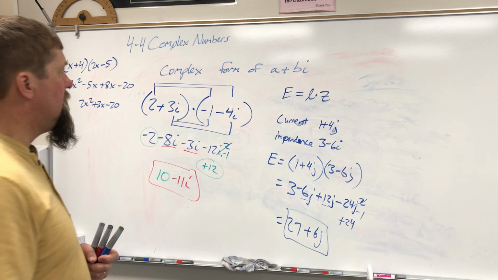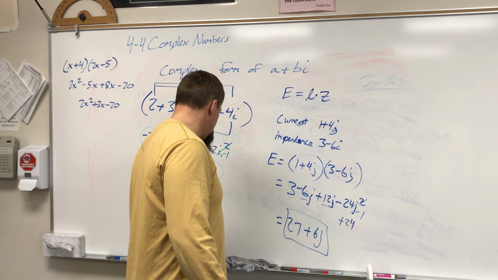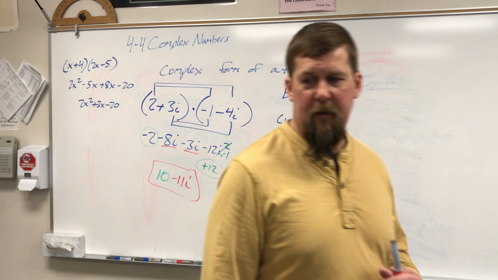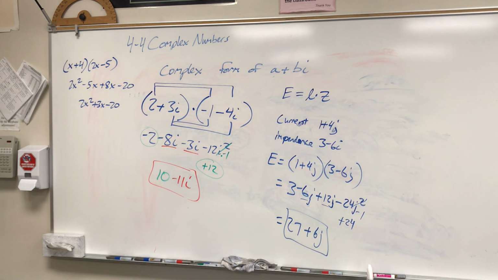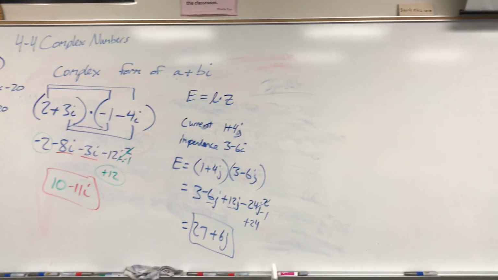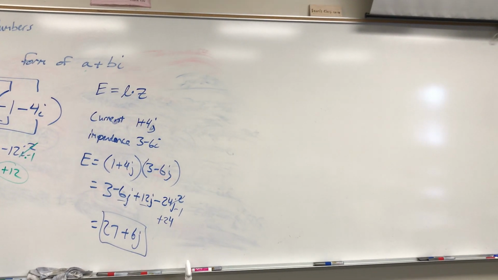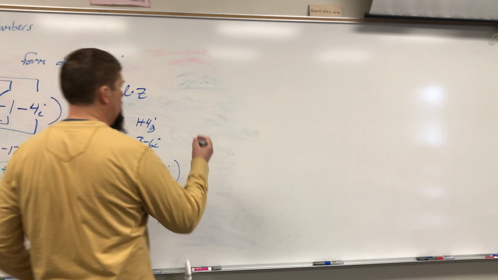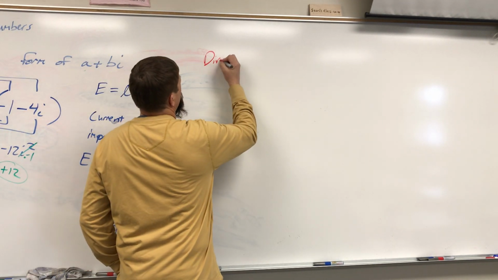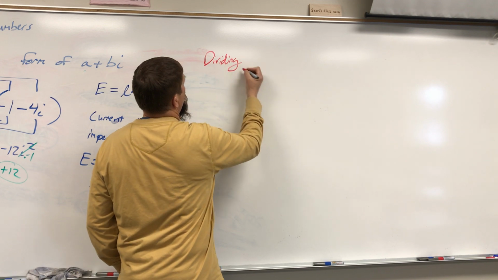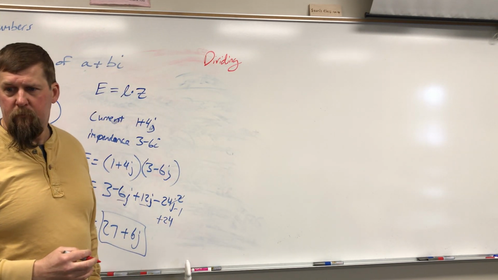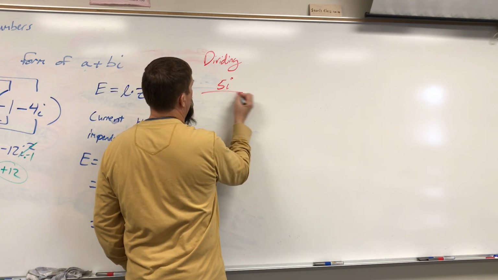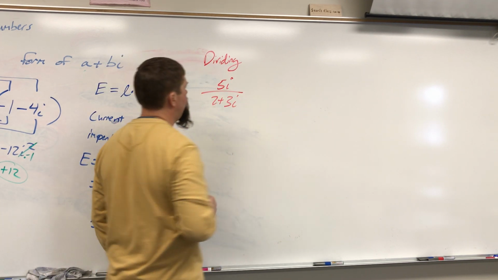All right, the last thing we're going to talk about with complex numbers is simplifying. Okay, so give me some room on the board here. The simplifying with dividing complex numbers, for example, 5i over 2 plus 3i.